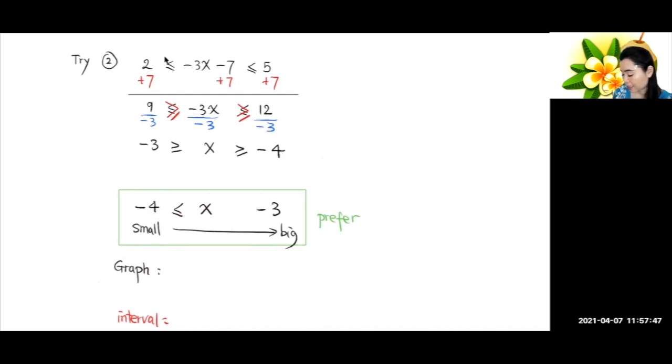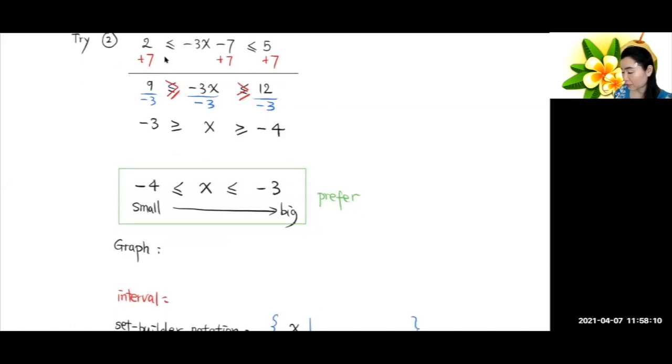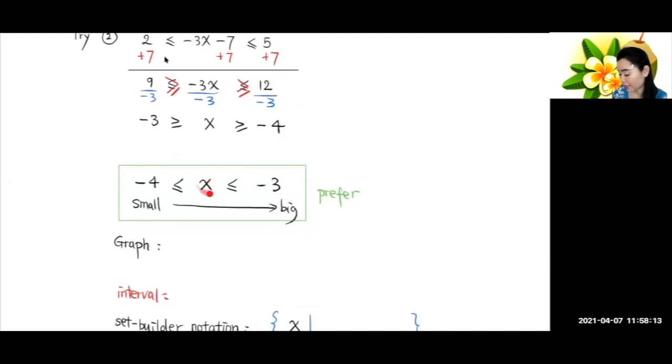These two are the same double inequality, but we prefer to put it this way, from small to big: the smallest, the middle one, and then the biggest one right here. The way we read this, we start with x: x is greater than or equal to -4 and less than or equal to -3. Do you guys get it?